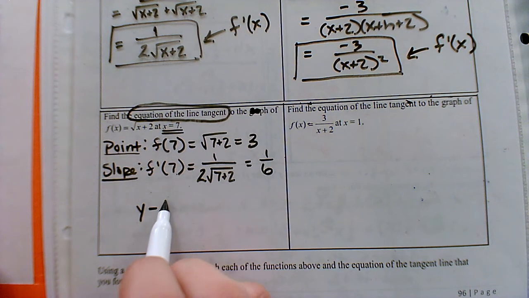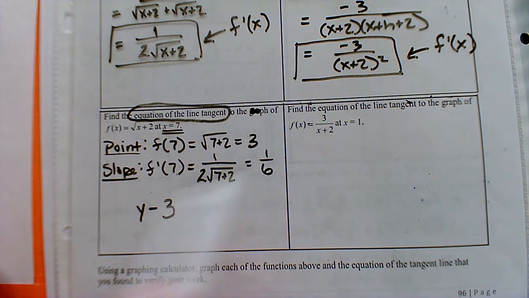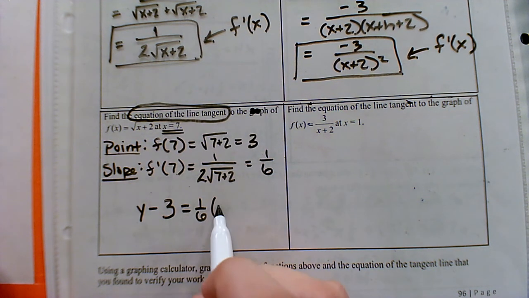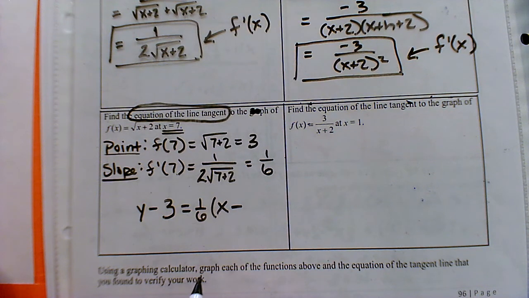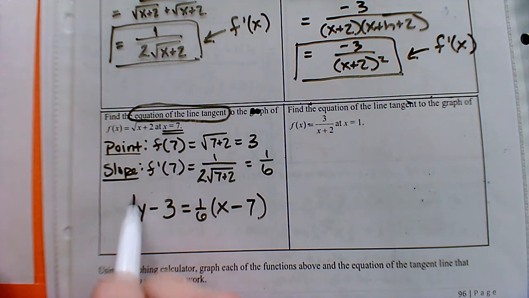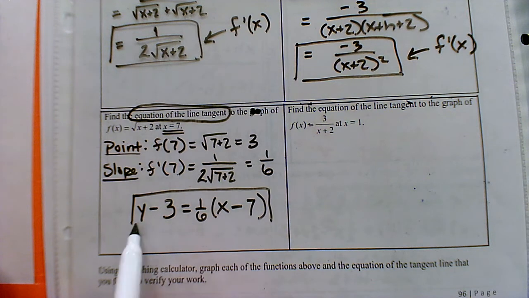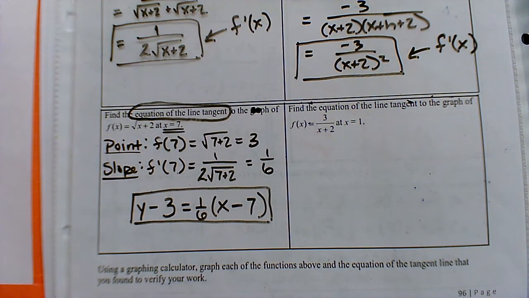Y minus 3, that's the y value, equals the slope, 1/6, times x minus the x value, which is 7. Good. You can leave it like that. If you want to change it into slope-intercept form, you could, but you'd be dealing with fractions.